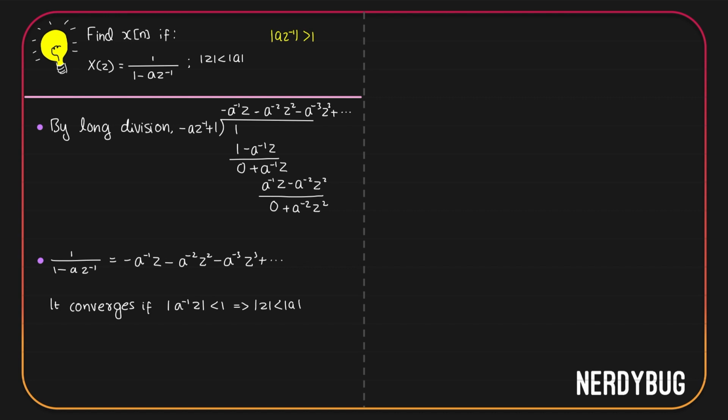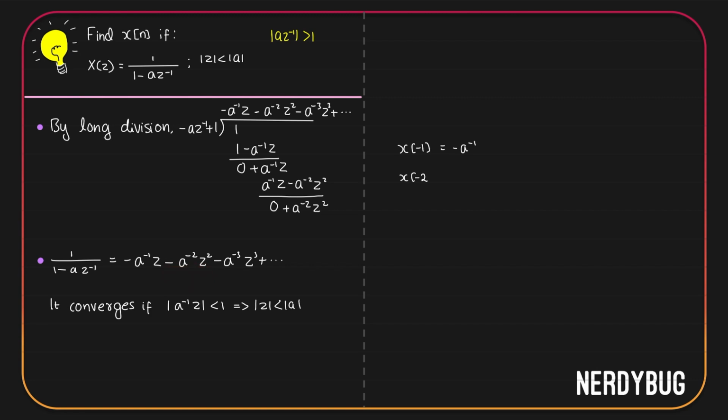Now let us compare. Coefficient of z is minus a inverse. We know coefficient of z is x of minus 1. So x of minus 1 is minus a inverse. Coefficient of z square is x of minus 2.